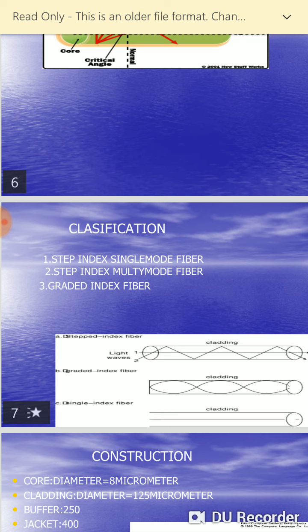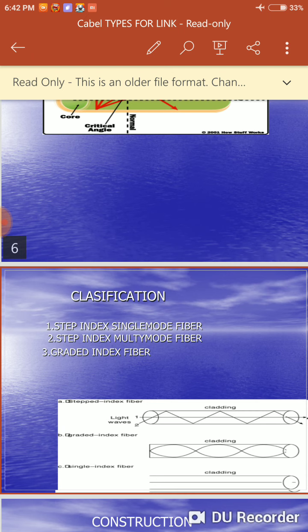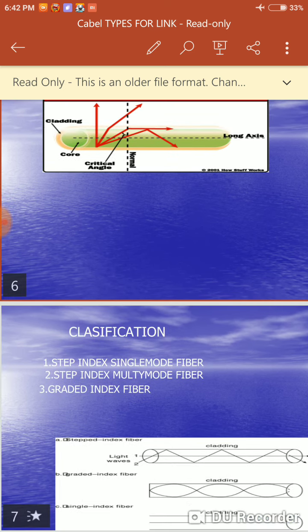If we consider the refractive index of the core as the classification criterion, there are two types, step index fiber and graded index fiber. Again, in both there are two subtypes, single mode fiber and multimode fiber.